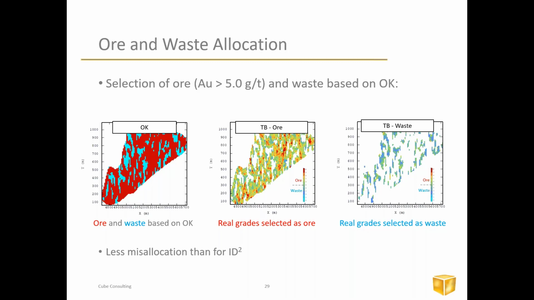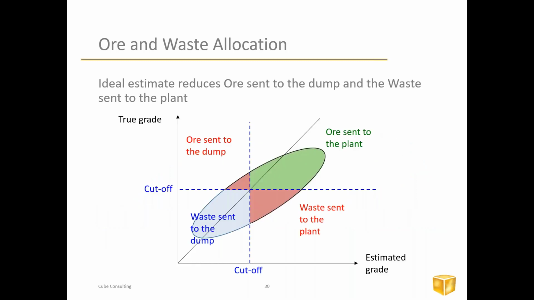So what do we want as well from an estimate, besides being globally unbiased and having the variance of the error minimized? We also want it to be locally unbiased. And Ian presented that graph a bit earlier today. What do we want that estimate to be? Well, we want to maximize the ore that is sent to the plant and the waste that is sent to the waste dump, and we want to minimize the waste that is going to the ore and the ore that is going to the waste.